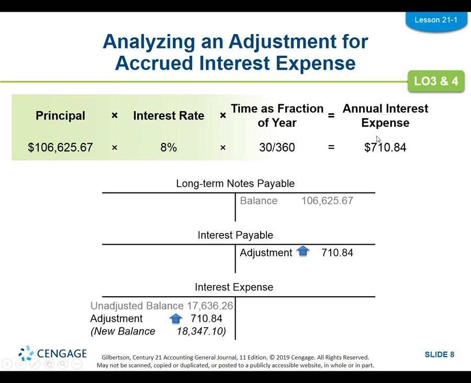Here's what you've calculated. The principal times 8%, and that's always stated as a year, and then you're having it for 30 days, divided by 360 gives you this amount right here. This is the interest expense. You're going to credit the payable, and you're going to debit the interest expense.